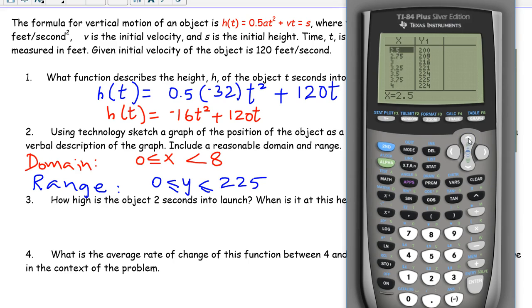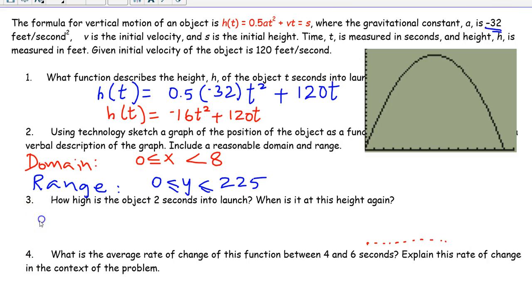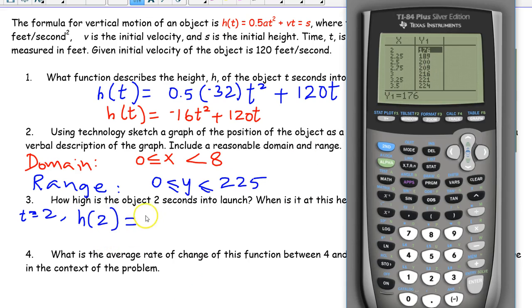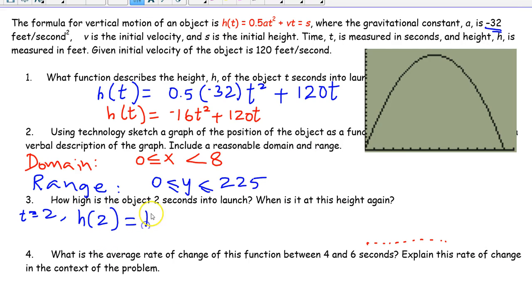In 2 seconds, what is the height? 176 feet, right? So h of 2, that's the better way of representing, because t is equal to 2, so h of 2 is equal to, what was the height? 176. I'll write 176 feet.